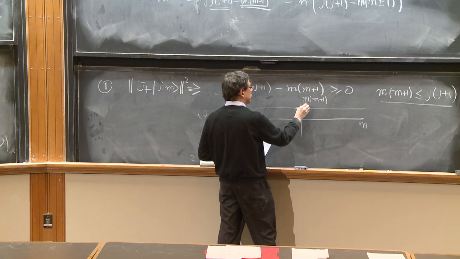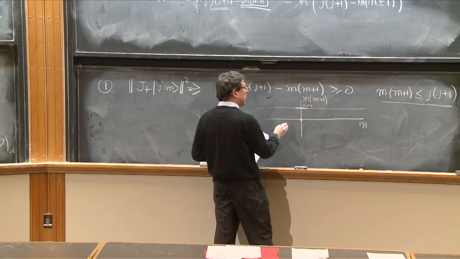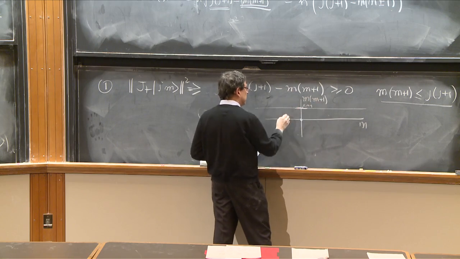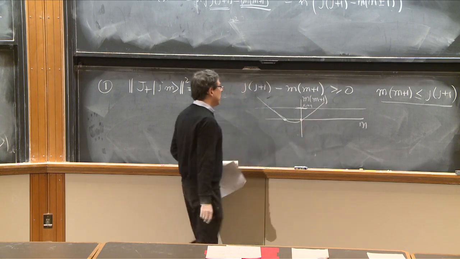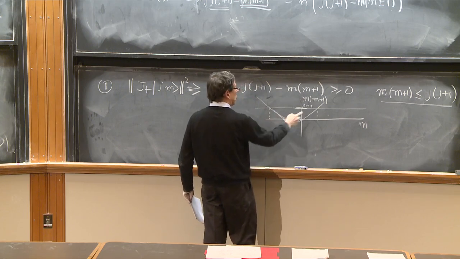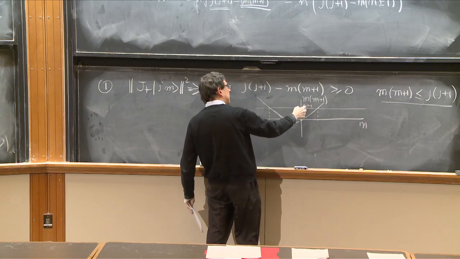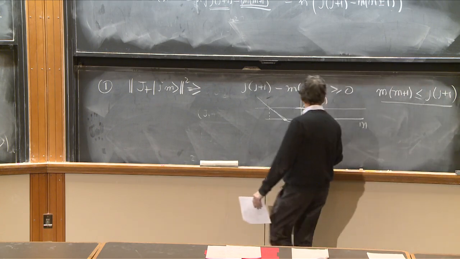So here's j times j plus 1, some value. So this is 0 here. This function is 0 at minus 1, so it will be something like this. And there's two values at which m becomes equal to this thing. And one is clearly j.